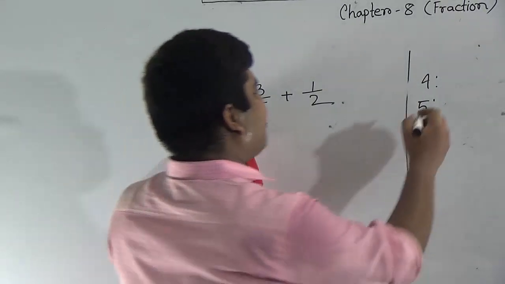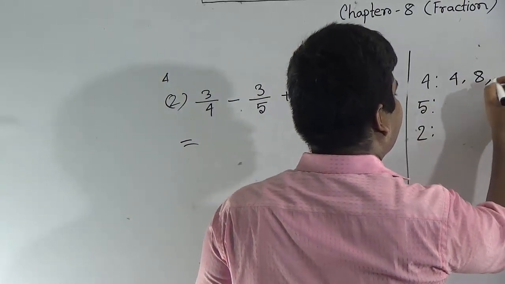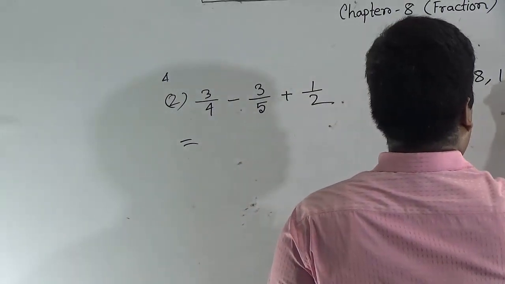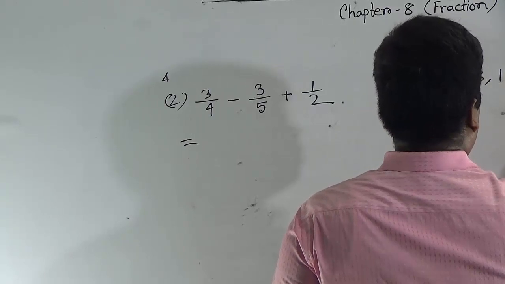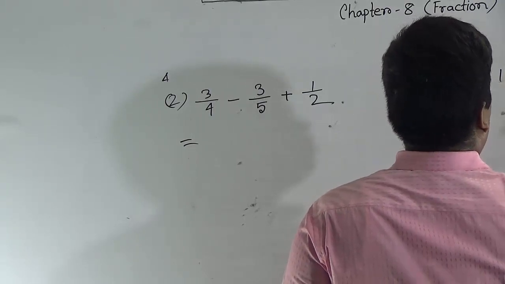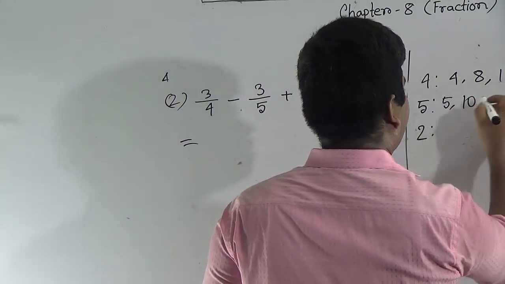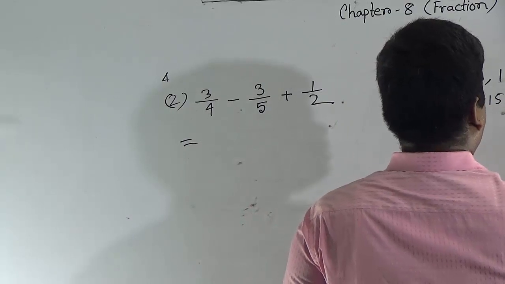So what are the multiples of 4? 4 1 ja 4, 4 2 ja 8, 4 3 ja 12, 4 4 ja 16, 4 5 ja 20, dot dot dot. 5 1 ja 5, 5 2 ja 10, 5 3 ja 15, 5 4 ja 20, dot dot dot.